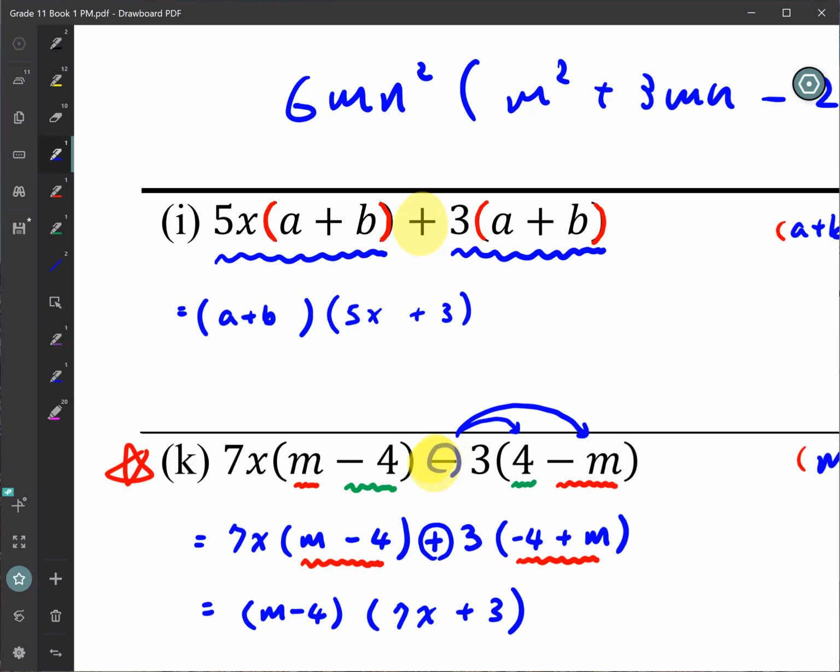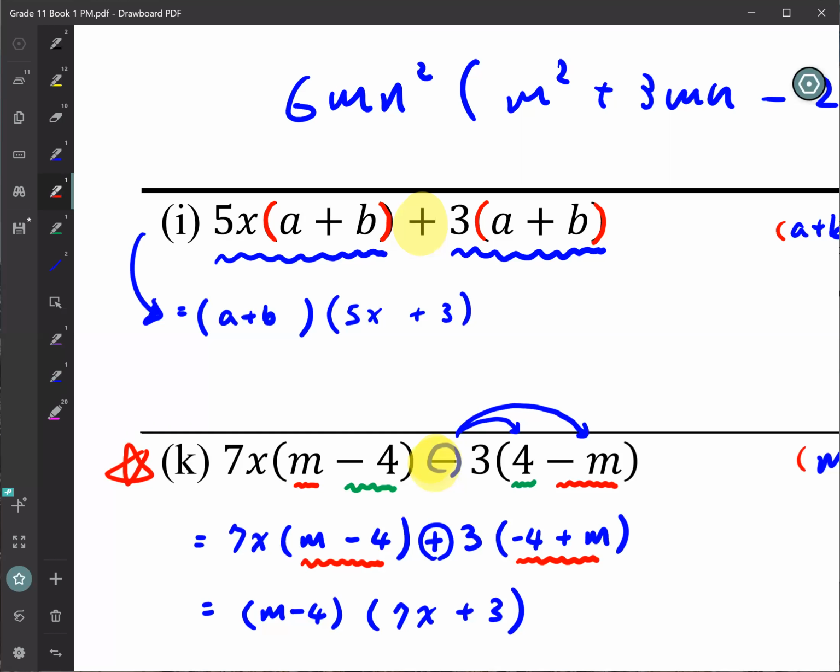How did we go from the question to the answer here? What did we do? Do you remember? Yes. We remove the greatest common factor. Which is? A plus B. Uh-huh. And then?